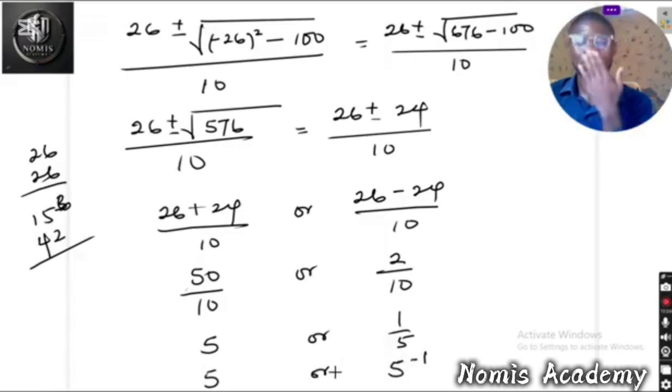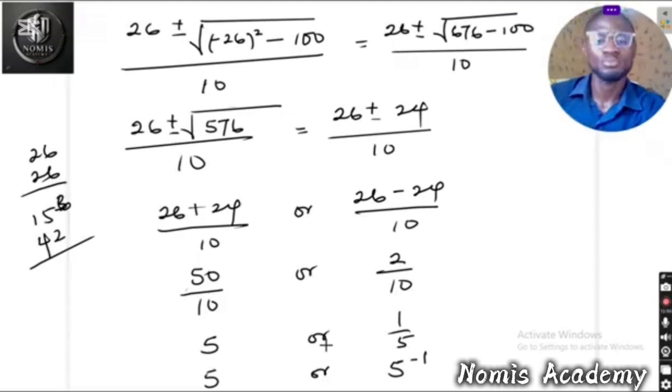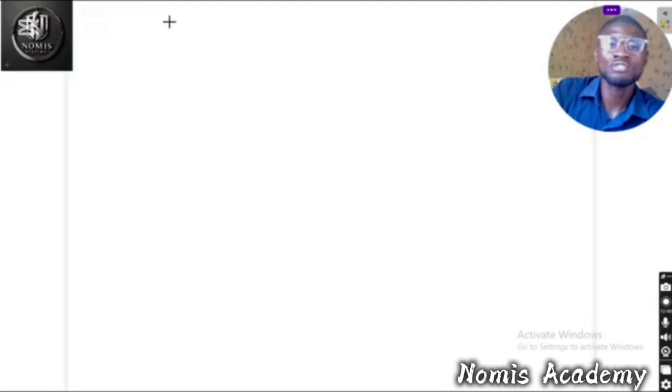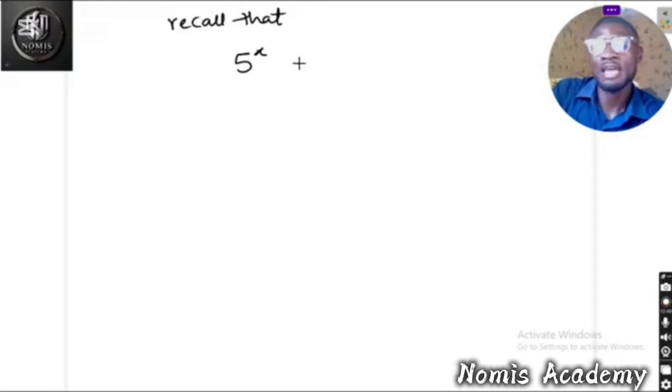Don't forget, we are dealing with indices, and we have to make most of our values to be in the form of index. So we now have 5, or 5 to the power of minus 1. So remember, this is the value of p. We solved for p in the quadratic equation. So it is necessary to recall that 5 raised to the power of x is equal to p.